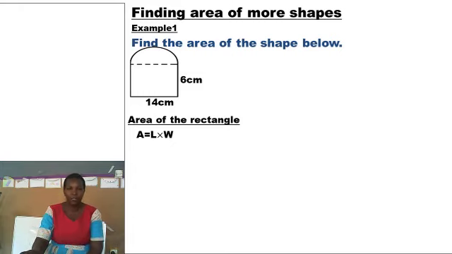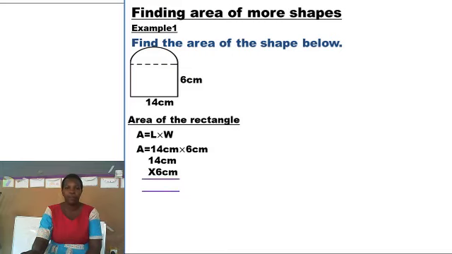From the given shape, the length of the rectangle is marked by 14 centimeters and the width is marked by 6 centimeters. So we shall substitute and we come up with area equals 14 centimeters times 6 centimeters. My dear boys and girls, we shall arrange that vertically, 14 centimeters times 6 centimeters, whereby we shall multiply.